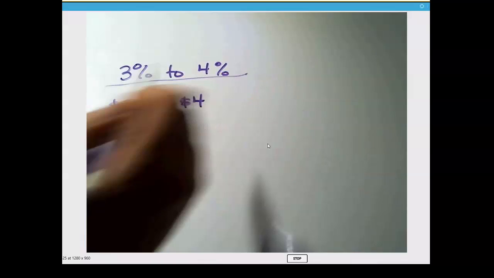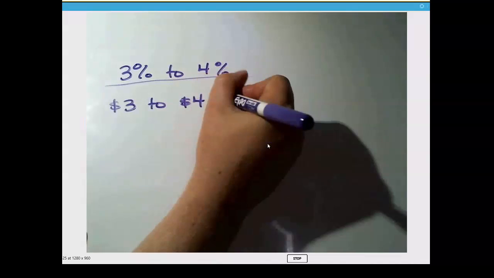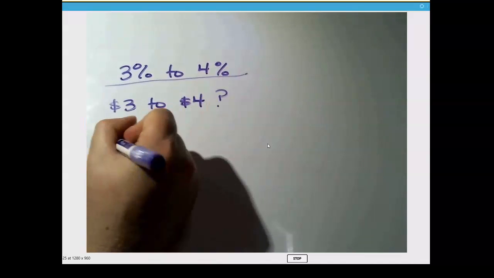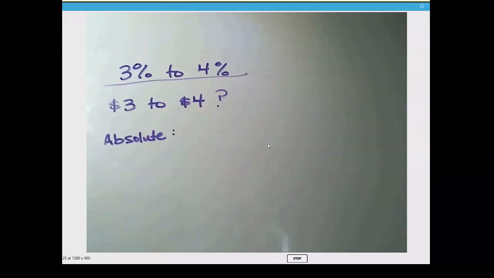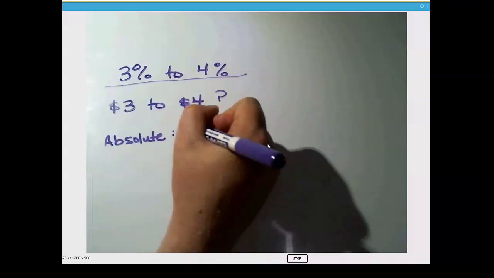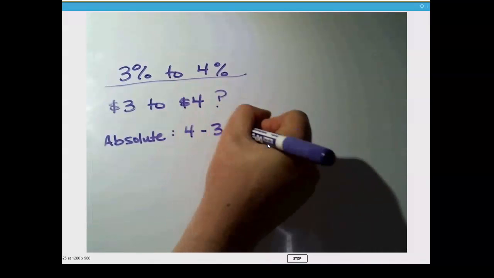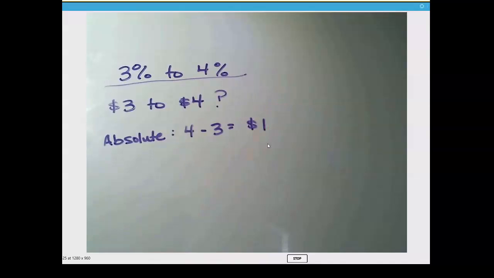Just hold this top thing off for a second. If it was $3 to $4, as an absolute change, we just subtract. So that means it changed by $1. It went up by $1.